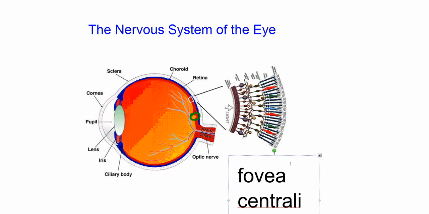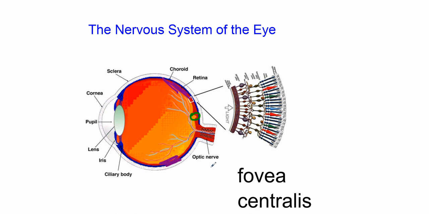Okay? Let's see if I can fix that up so you can see it. So the area where you have the most cones is going to be, there we go, the fovea centralis. Okay, excellent. Where are the most rods found? Well, it's interesting that most of the rods are found at the periphery of the retina. So over here and here.